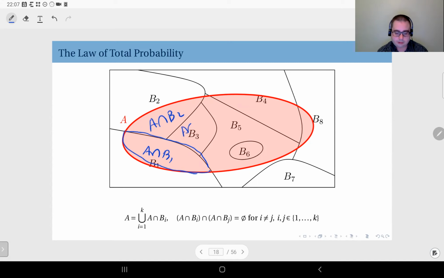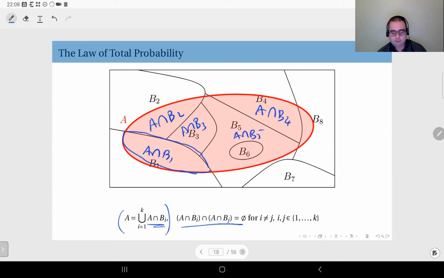A intersection B3 is equal to B3. A intersection B4, A intersection B5, B6, etc. You get the idea. Okay, so you see these intersections form a partition of the event A, because when you unite them, you get event A, and they are pairwise disjoint.